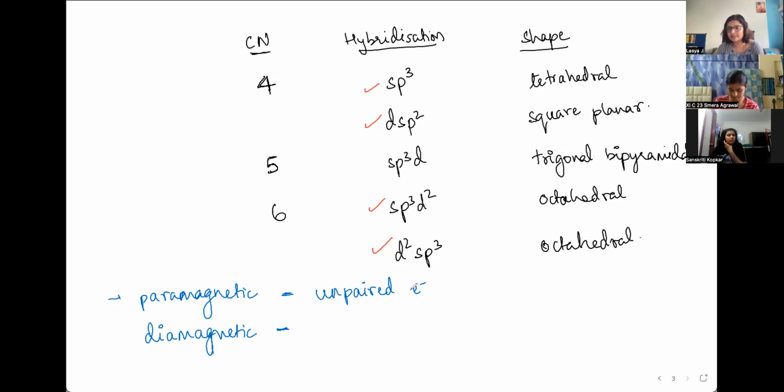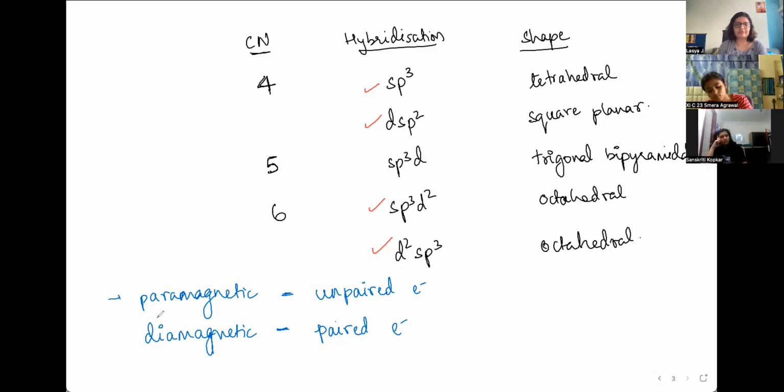Then they will react to a magnetic field and we say they are paramagnetic. But if all the electrons are paired up, then they will not react to the magnetic field and we say they are diamagnetic.